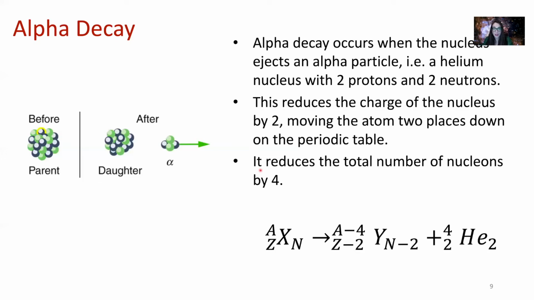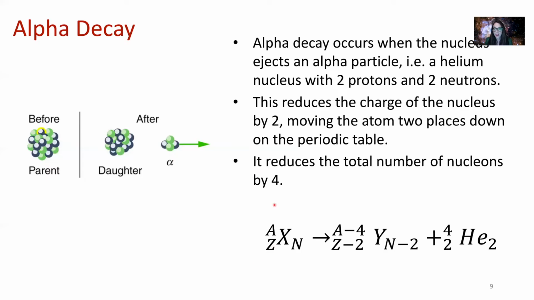Now, when we talk about alpha decay, we talk about the parent particle, and then it decays into the daughter particle, which is our particle that's 2 places down on the periodic table, plus our alpha particle, which is our helium nucleus with 2 protons and 2 neutrons.